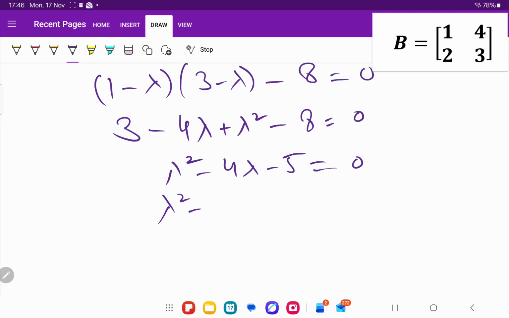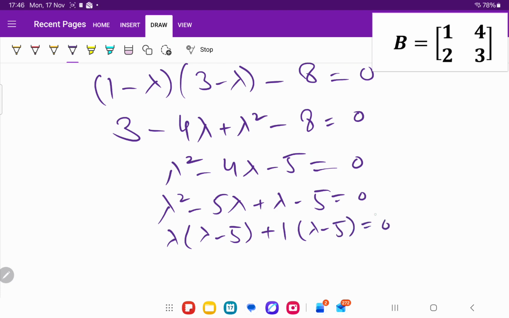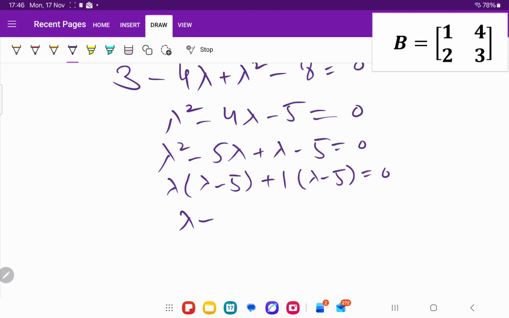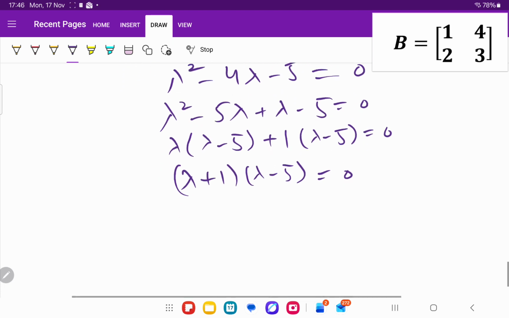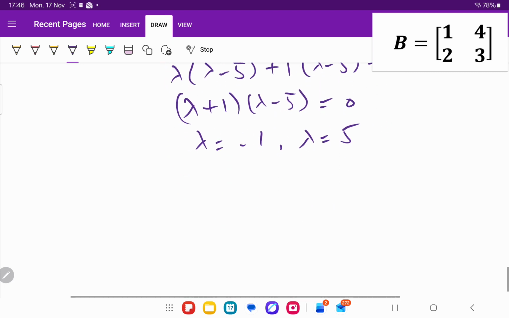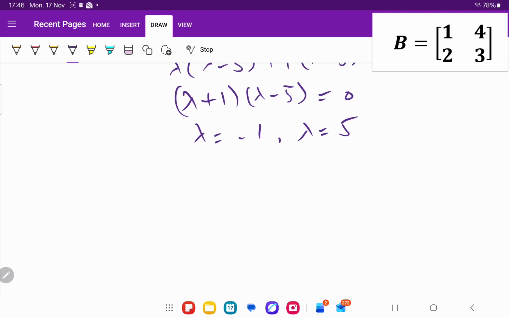It's a very simple method. Lambda plus 1 and lambda minus 5 equal to 0, and lambda equal to minus 1 and lambda equal to 5. So two eigenvalues we have obtained, and now we are moving to eigenvectors.